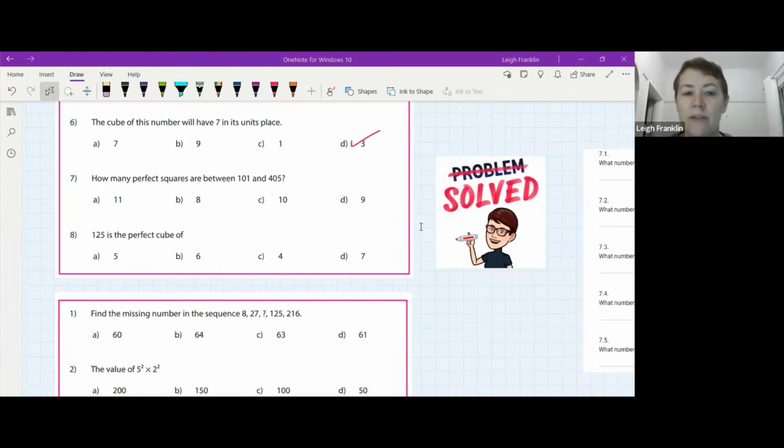So we've got 11 times 11, which is 121. 12 times 12, which is 144. 13 times 13, which is 169. 14 times 14, which is 196. 15 times 15, which is 225. 16 times 16, which is 256. 17 times 17, which is 289.